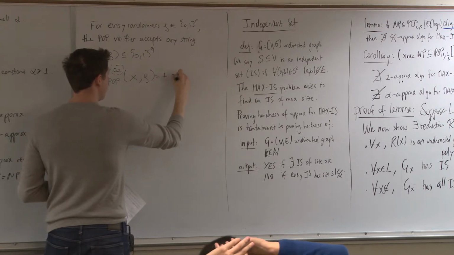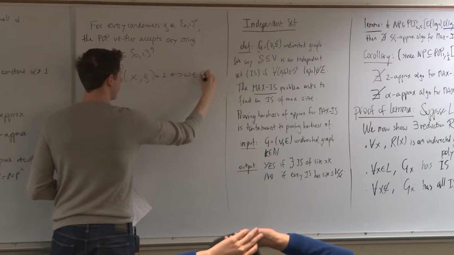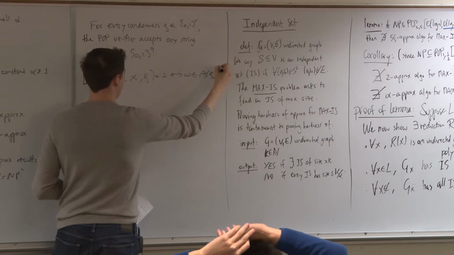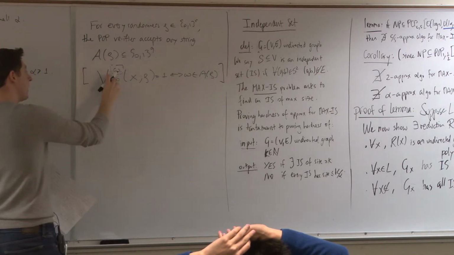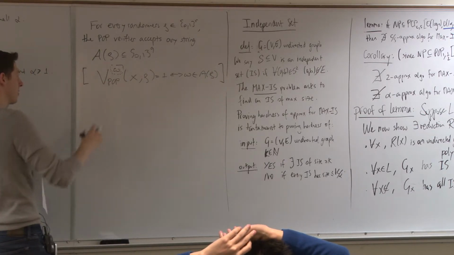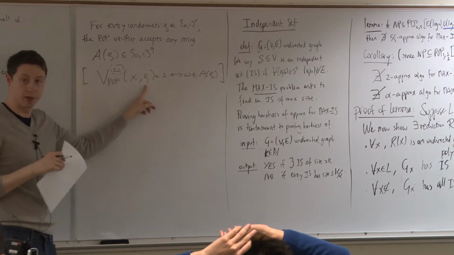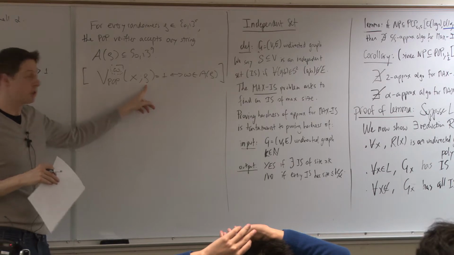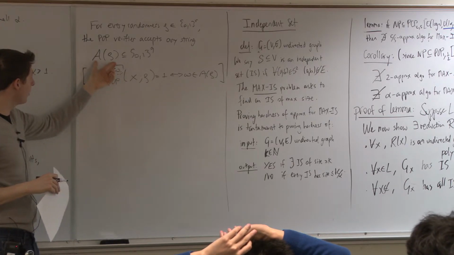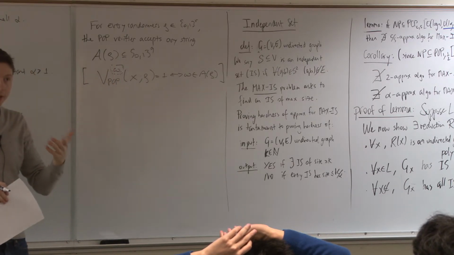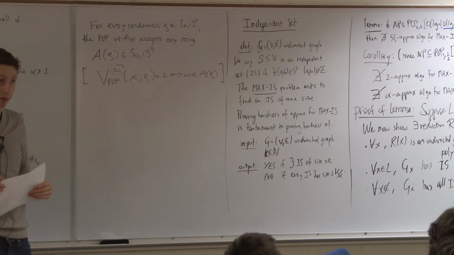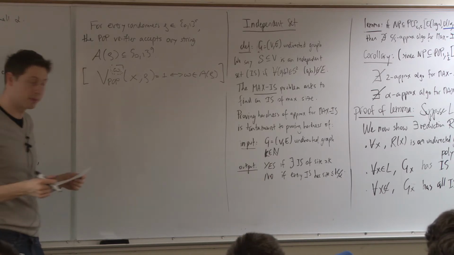It will output 1 if and only if omega is in A_rho. Now again, when I write omega here, I don't mean it has oracle access to omega. Omega are the answers to the specific questions that it will make under this random string. Okay? So A of rho are the so-called accepting configurations of the proof. Is it clear what the definition is?